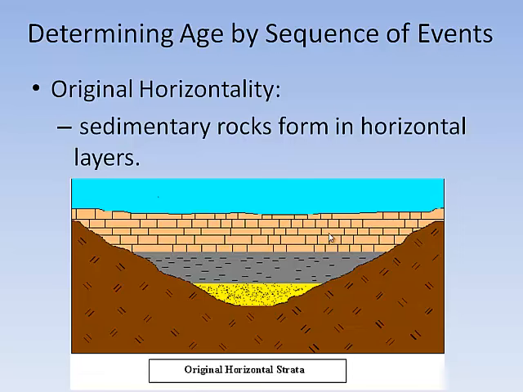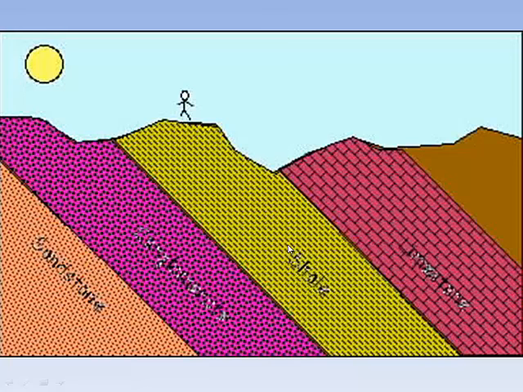They don't tilt when they form. If you find rocks that are tilted like this, then something happened after they were formed. The rocks formed horizontally, this direction, and then something tilted them up this way.